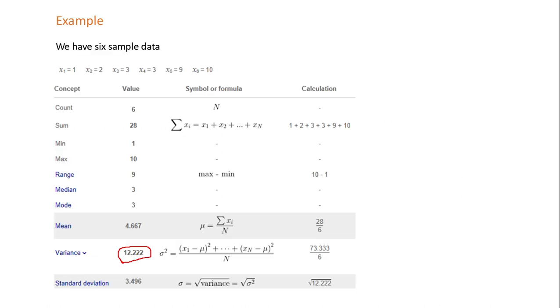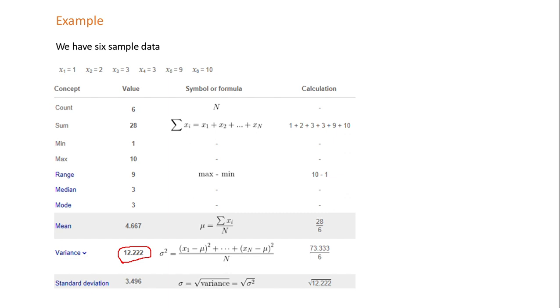For example, we have 6 sample data. So x1 is equal to 1, x2 is equal to 2, x3 is equal to 3, x4 is equal to 4, x5 is equal to 9, and x6 is equal to 10. Count is 6, symbol n. Sum is 28. Summation xi is equal to x1 plus x2 plus up to xn. So here the summation is 1 plus 2 plus 3 plus 4 plus 9 plus 10.